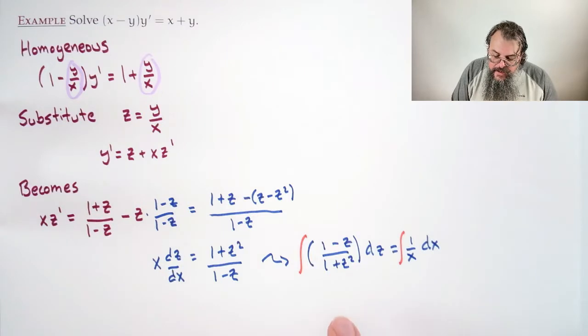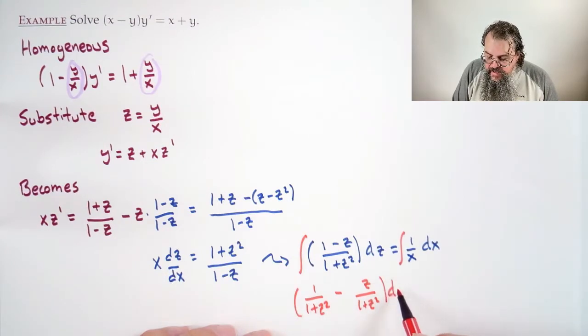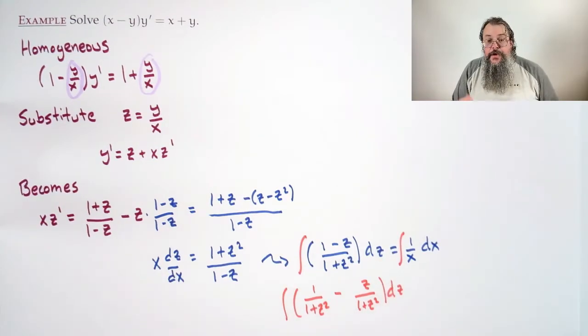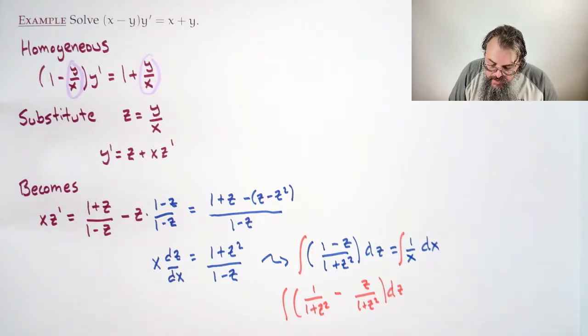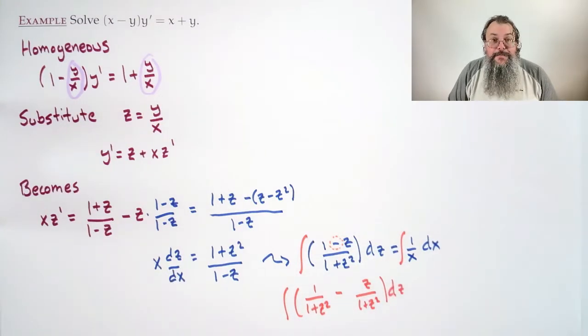Now, on the left-hand side, this is 1 over 1 plus z squared minus z over 1 plus z squared. So we're using the fact that upstairs we have a minus. This minus up here, this is what we would call a good minus.